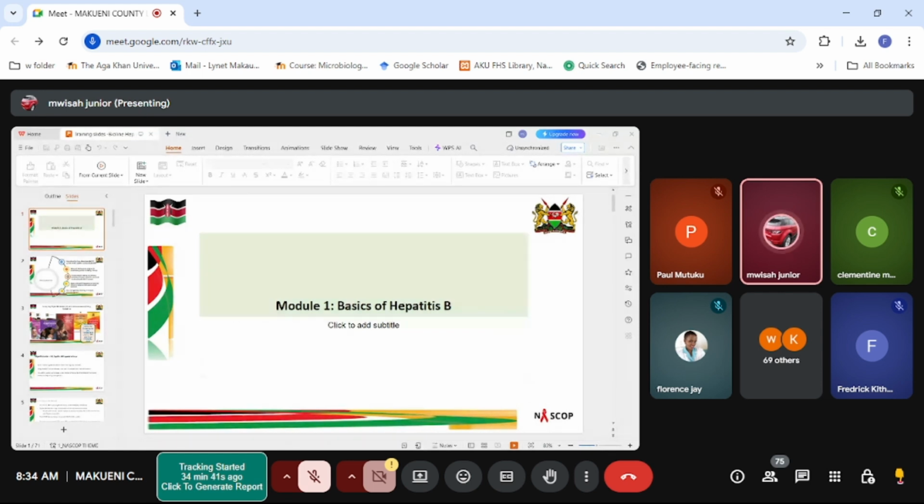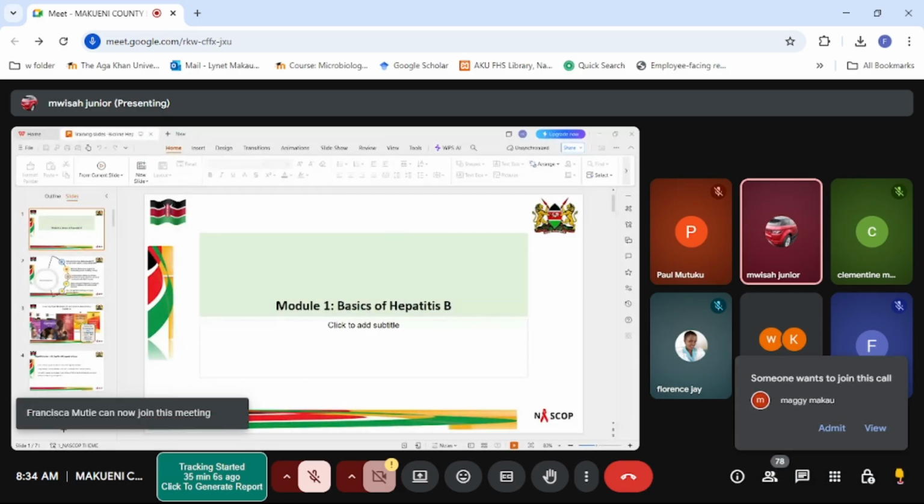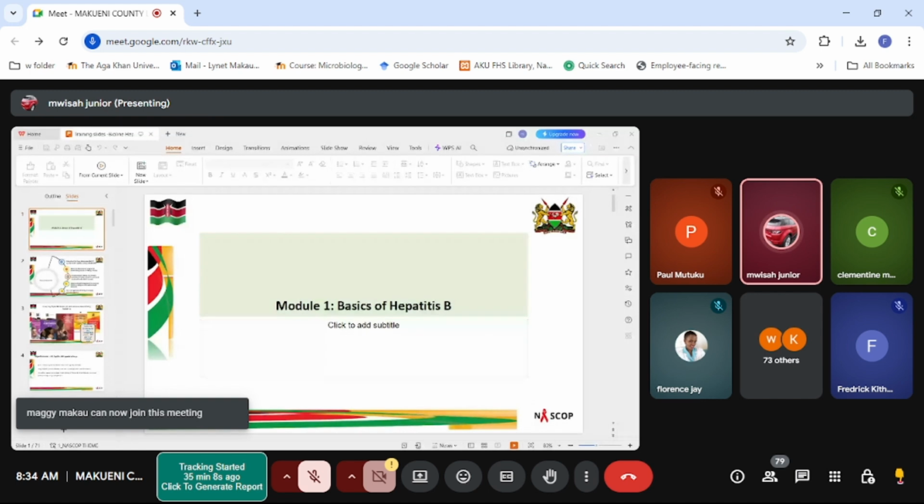When and why to screen pregnant and breastfeeding women for hepatitis B in Kenya, introduce rapid hepatitis B surface antigen testing procedure, interpret, document, and act on the results within the PMTCT cascade. Then apply national and WHO guidance on maternal antiviral prophylaxis and newborn hepatitis B birth dose. Then we'll touch a little bit on data management, reporting, and supply.